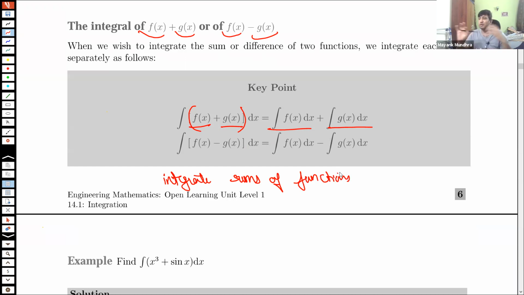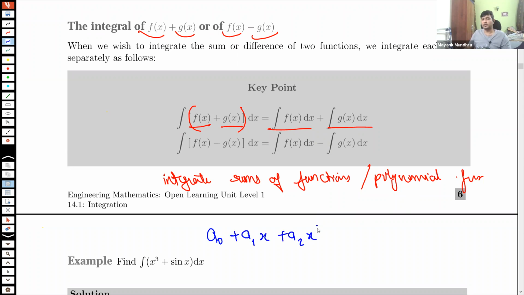So when you have a sum of multiple functions, or let's say a polynomial function. A polynomial function is of the format a naught plus a1x plus a2x square plus a3x cube plus so on till some an x to power n.